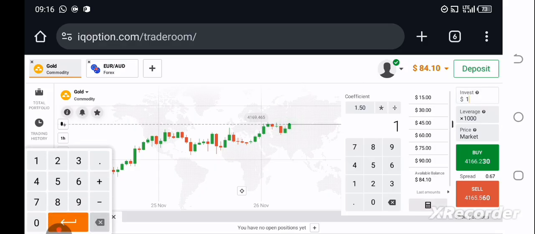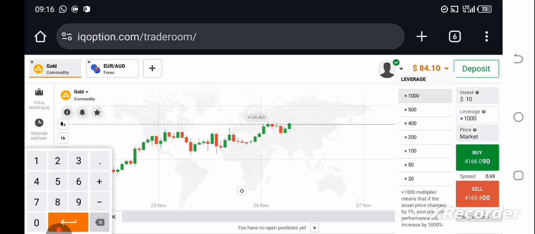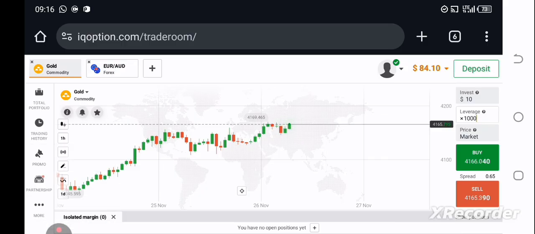So let's say we are investing $10, okay, and then we have a 1000x trading volume. I mean leverage. So that means 10 times 1000, we have a trading volume of 10,000. Okay.